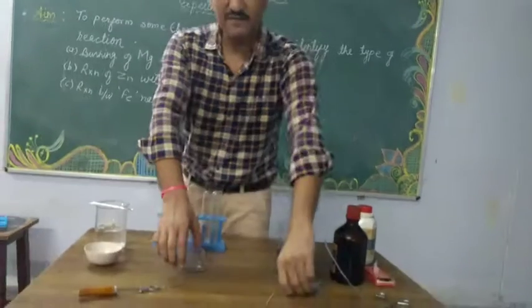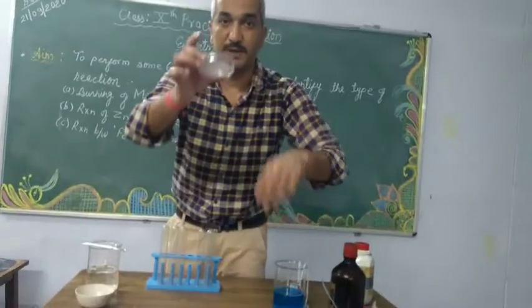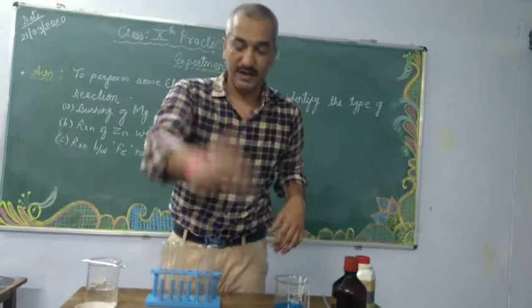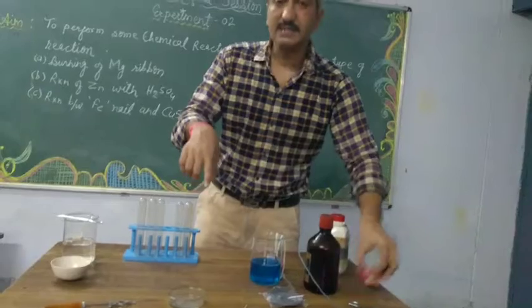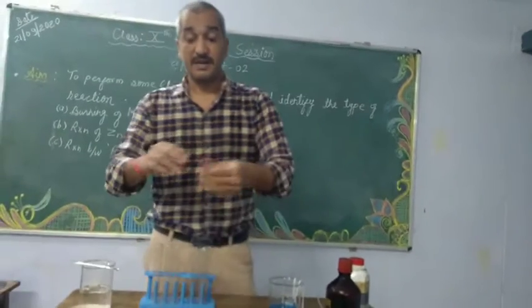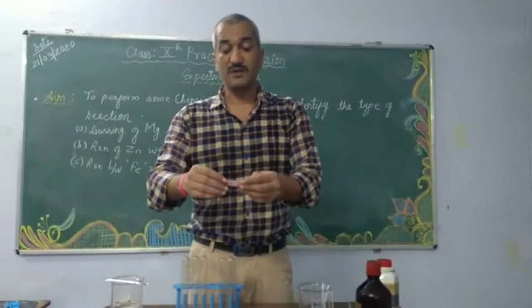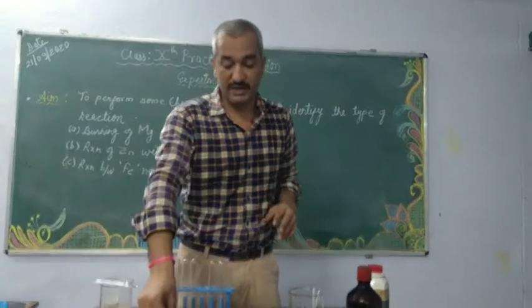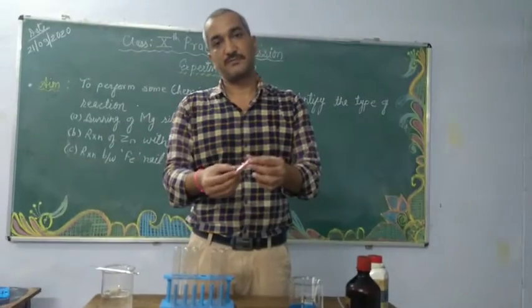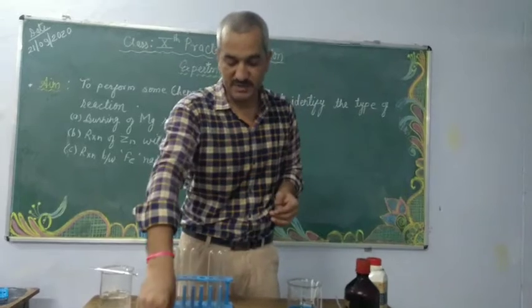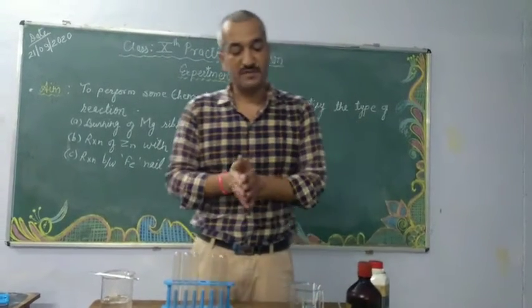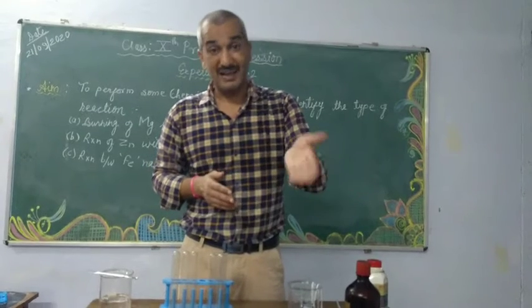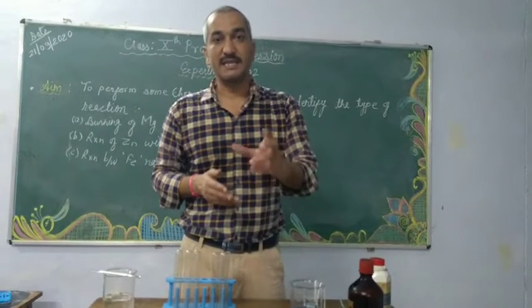The ash after burning of this magnesium will be taken in the petri dish, and water will be added, and then its chemical behavior will be observed, whether it is acid or base. For this I have the red litmus paper, to test whether the solution of the magnesium ash is basic or acidic.